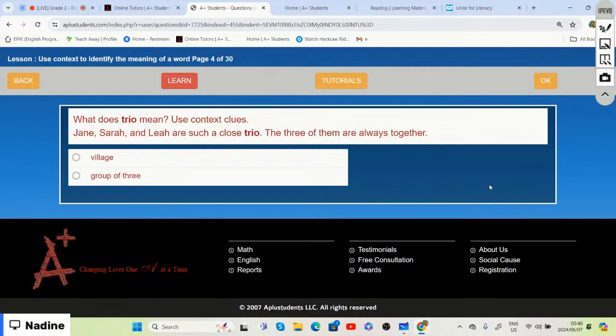So trio. Jane, Sarah, and Leah are such a close trio. And the word trio means three. It's like all three of them. Is it a village or a group of three, a trio?